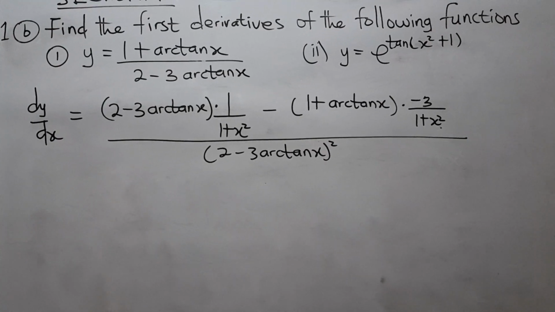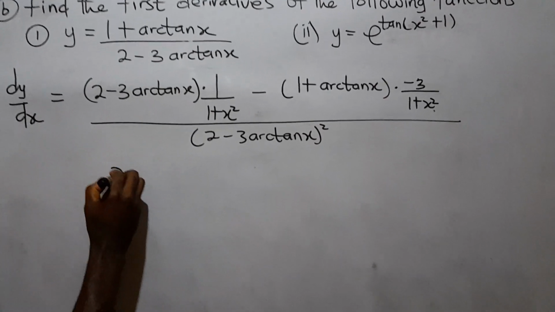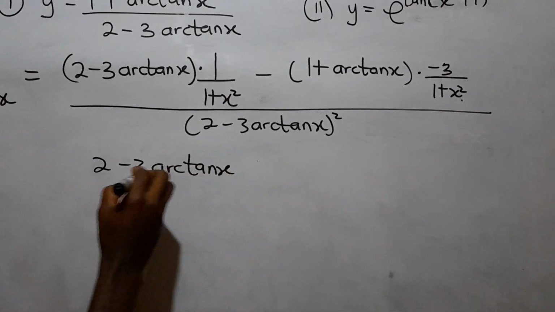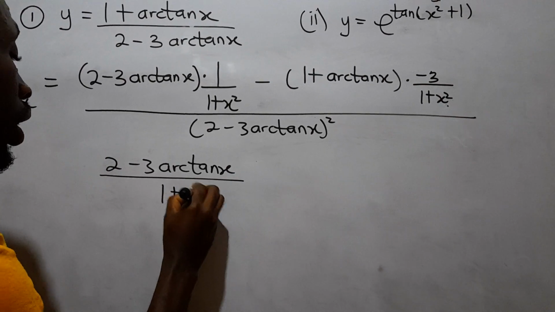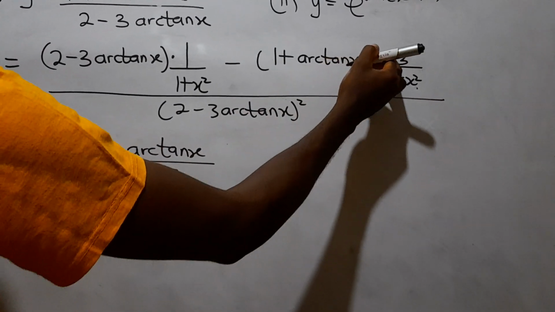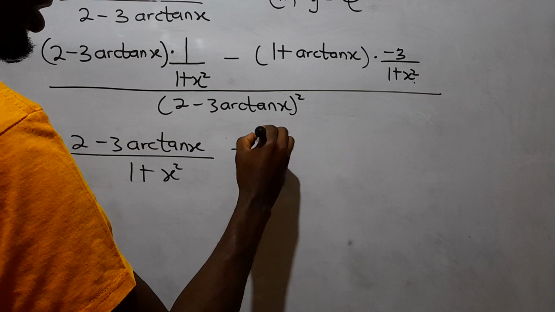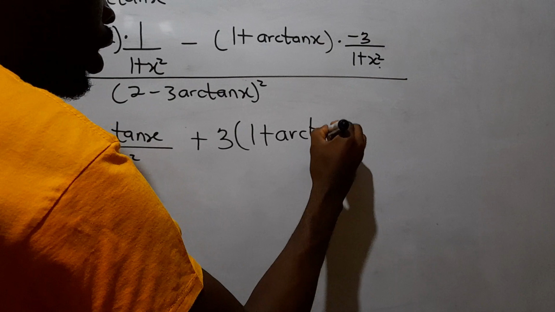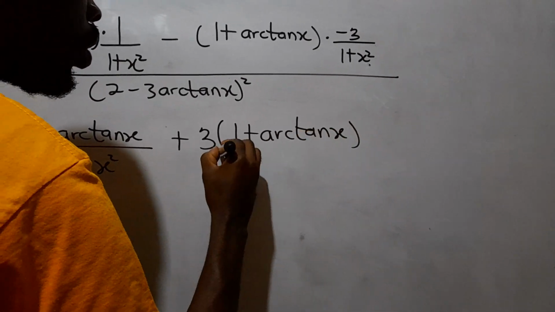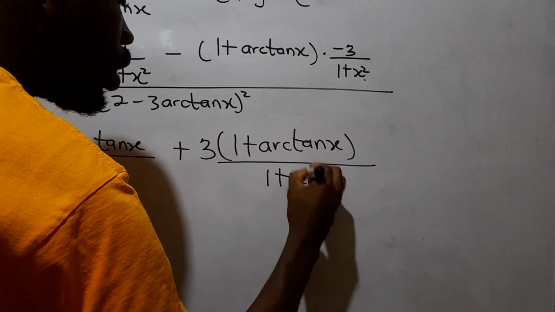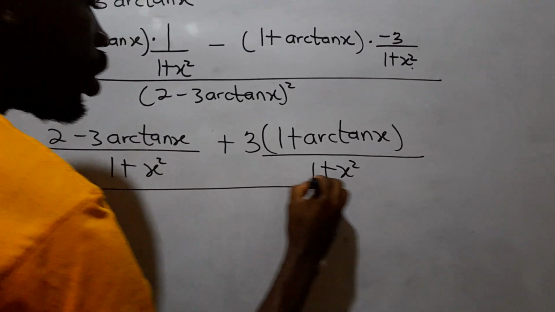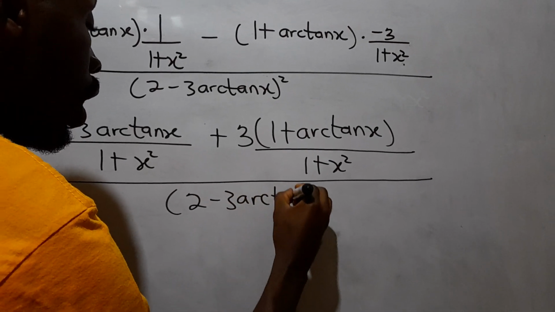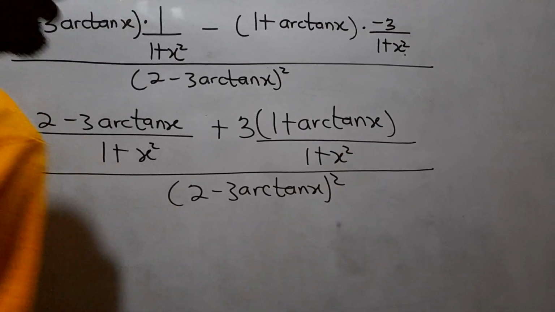So I'll polish this further. This will multiply that. So we'll get 2 minus 3 arctan x all over 1 plus x squared. Then look at the minus here, multiply. So we can say plus 3 bracket 1 plus arctan x over 1 plus x squared, over 2 minus 3 arctan x all squared.